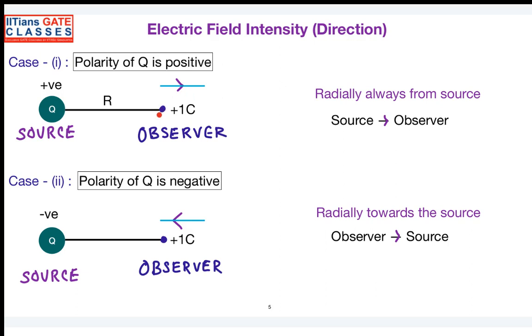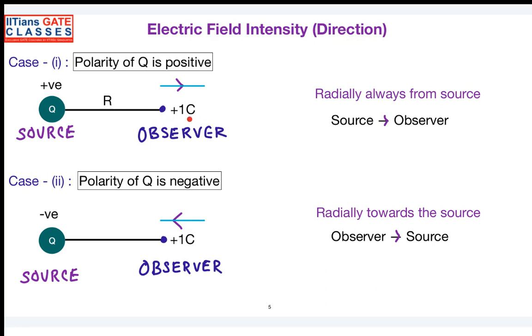So what is this 1 Coulomb charge trying to do now? Since this is also positive and the source is also positive, the 1 Coulomb charge is trying to move away from the source. So both are positive charges, right? So the 1 Coulomb charge is trying to move away from the source.